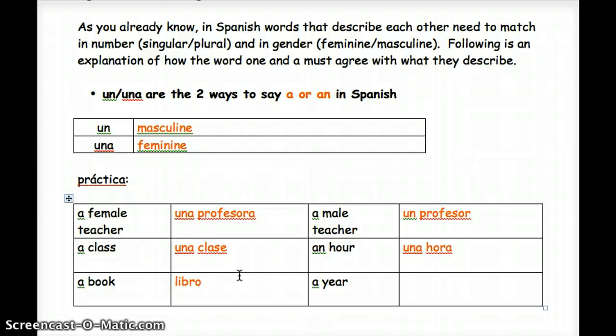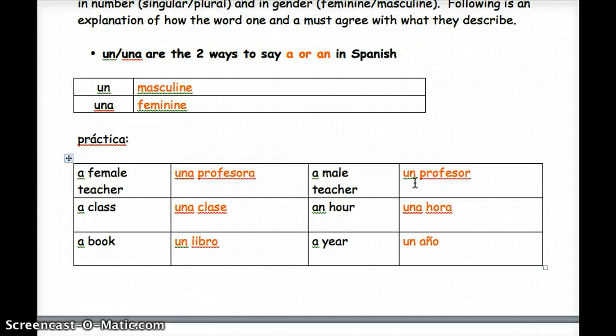So remember, 95% of the time you can assume if it ends in o, it's masculine, so you want un libro. And año. Año ends in an o, it's also masculine. Un año, to say a year. So even the word a must agree with what it describes.